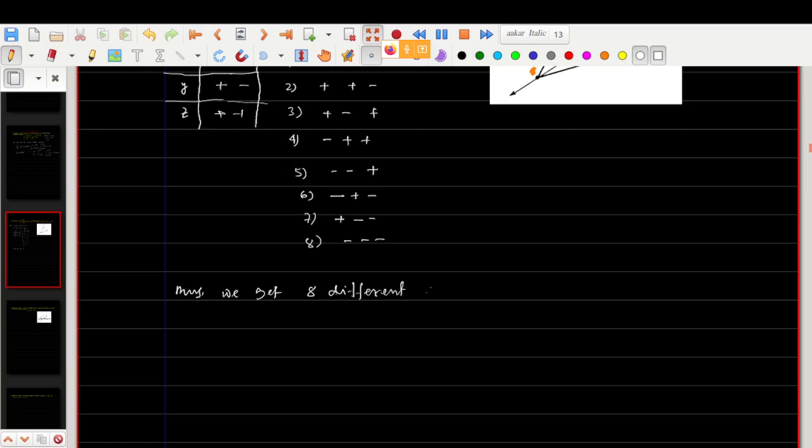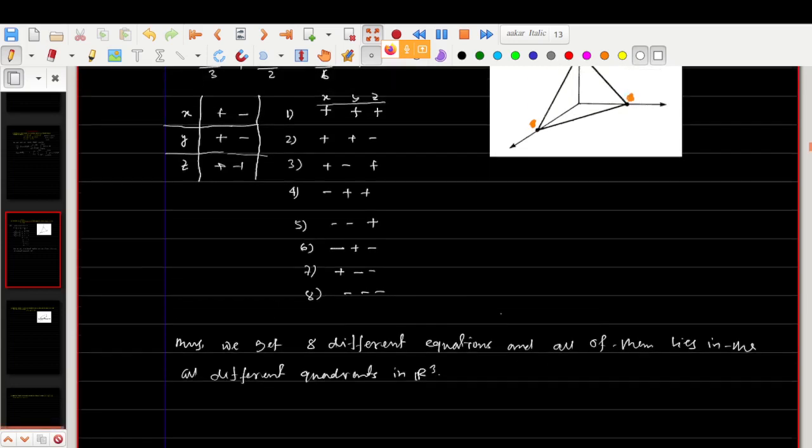Thus we get 8 different equations, and all of them lie in all different quadrants in R3.